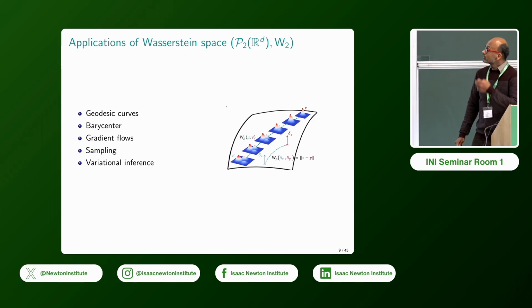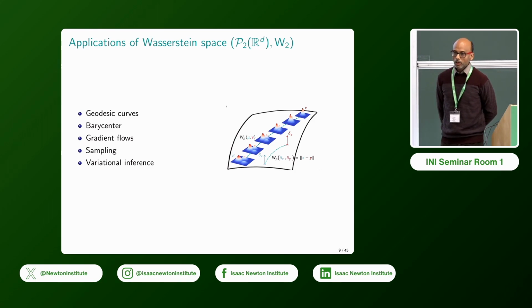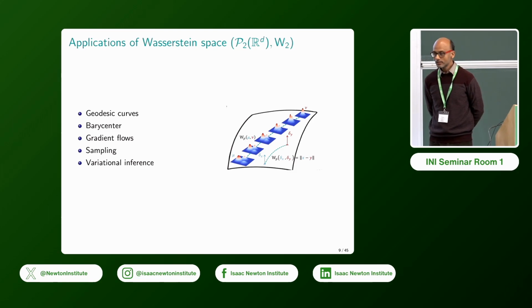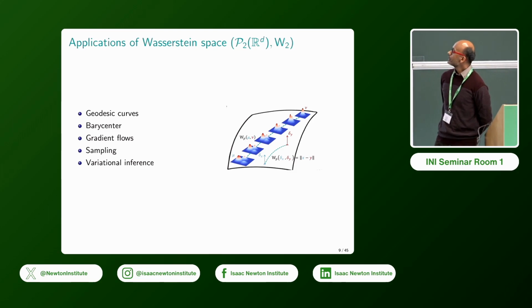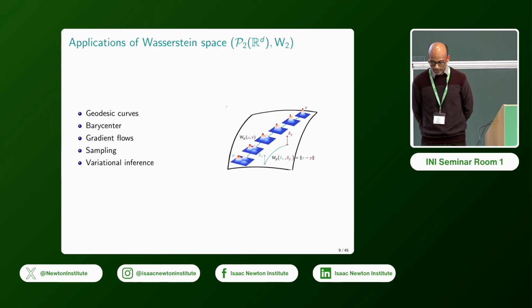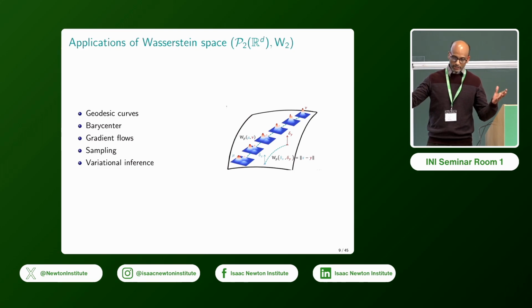Okay. So now, we already saw many applications of Wasserstein space so far. Yesterday we had this nice talk by Victor. As you can see, if you are working with Dirac measures, then the Wasserstein distance between the Dirac measures is simply the Euclidean distance between the points. But then it has a lot richer structure, right?